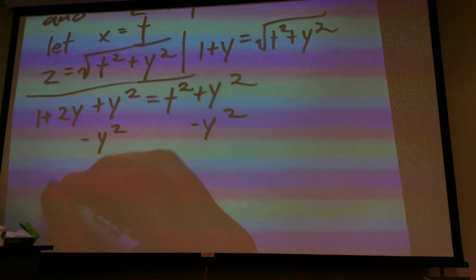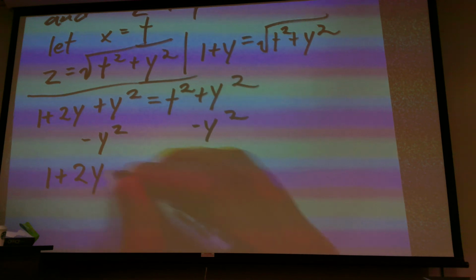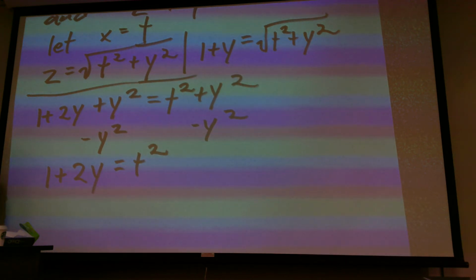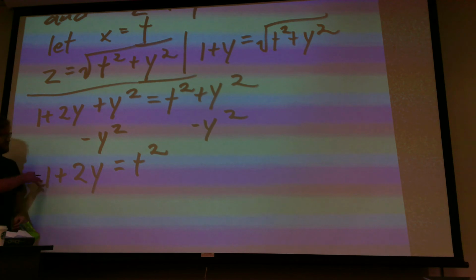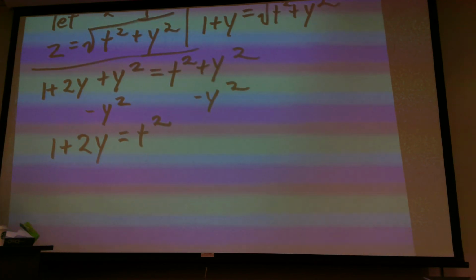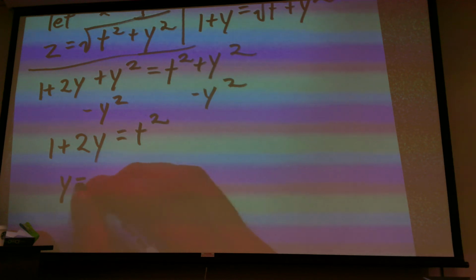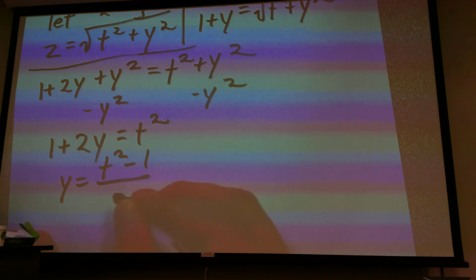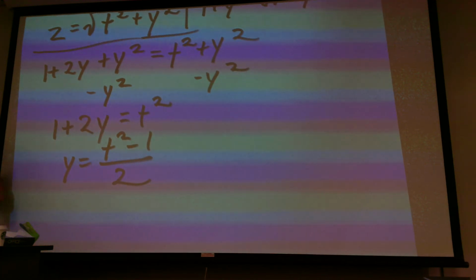And so I get 1 plus 2y is going to equal now t squared. Right? And at this point, it's just algebra. We can solve for y. So if I subtract 1 and divide by 2, y is going to equal t squared minus 1 divided by 2. All right.